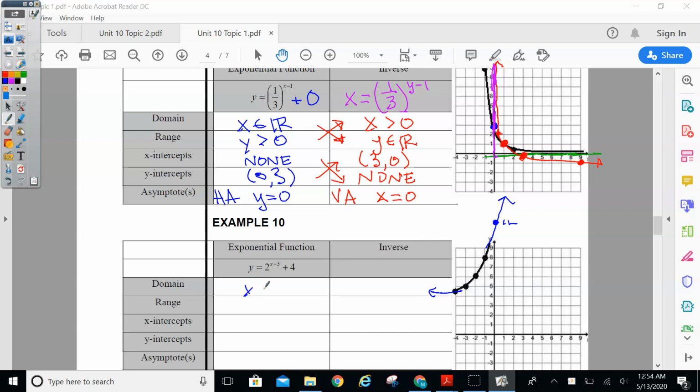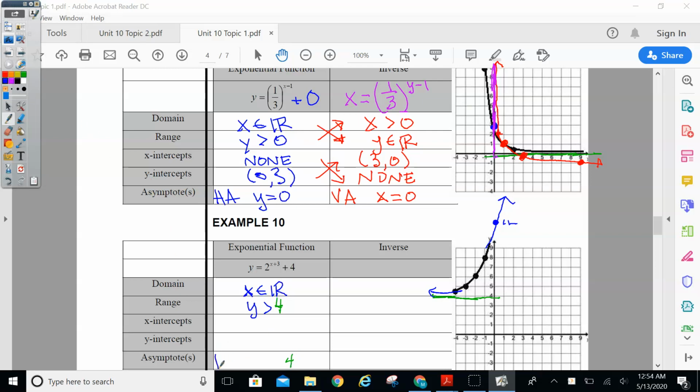Okay, so x is all real numbers. Y is greater than, where does it flatline? Flatlines right here at 4. So my horizontal asymptote is at 4.